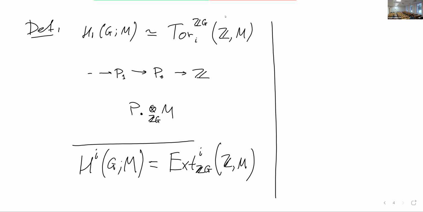All right. So I just wanted to compute a simple example.